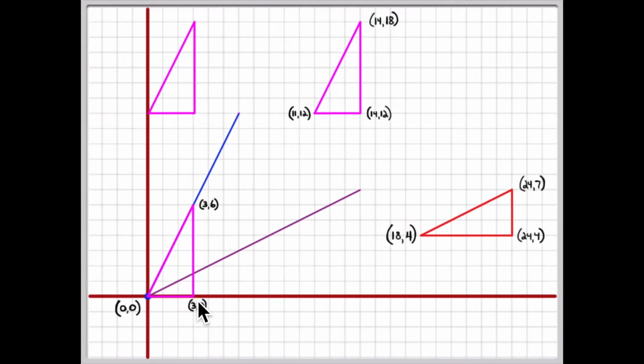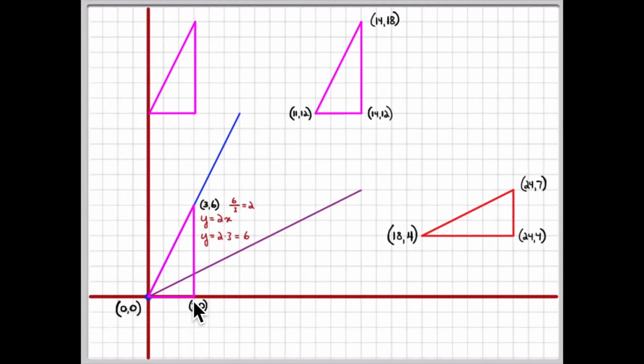Going back to what we did before, these are thirds. 1/3 of 3, 2/3 of 3, 3/3 of 3. So that length going this way, this is 3/3 of 3, 4/3 of 3, 5/3 of 3, and 6/3 of 3, or twice as long. So this vertical length is twice as long as this horizontal length.